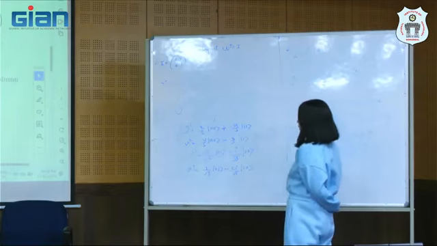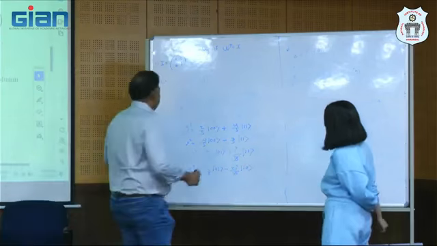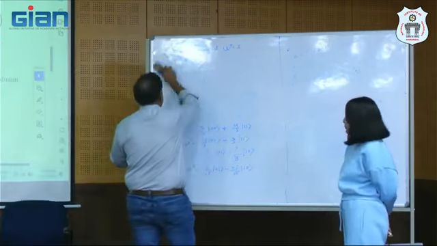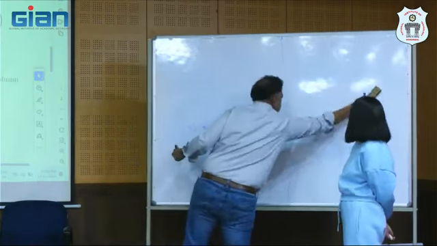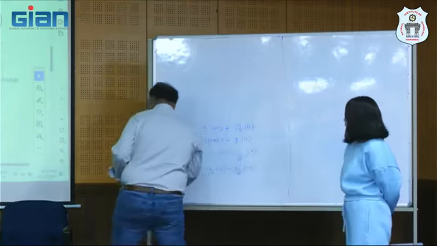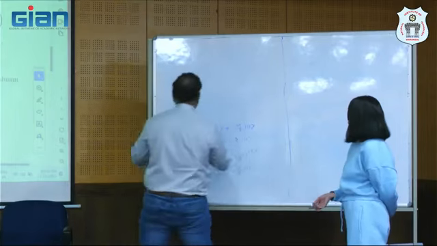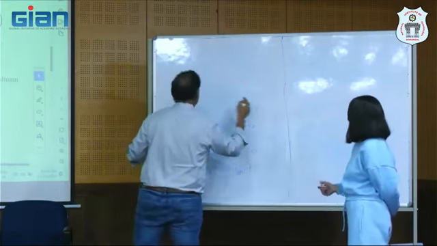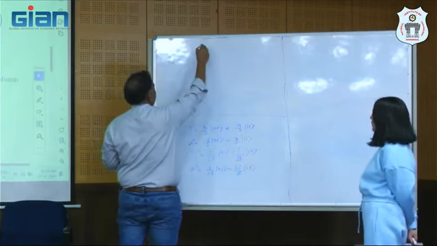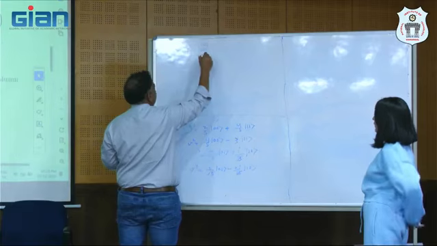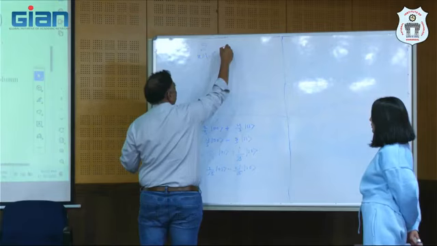Okay, remember during the lectures we said one thing. Suppose I have any n bit string and I have alpha x ket x.